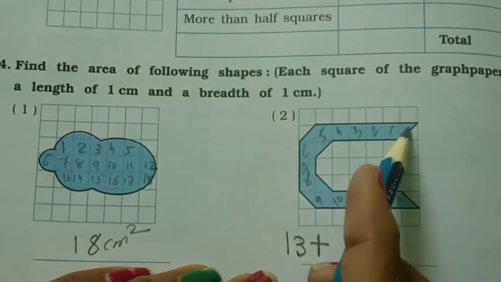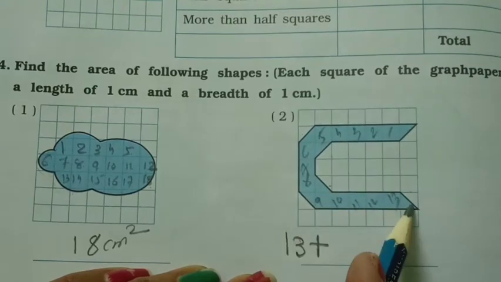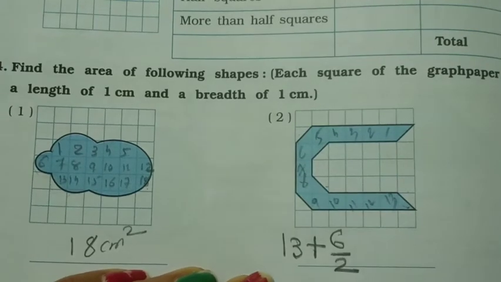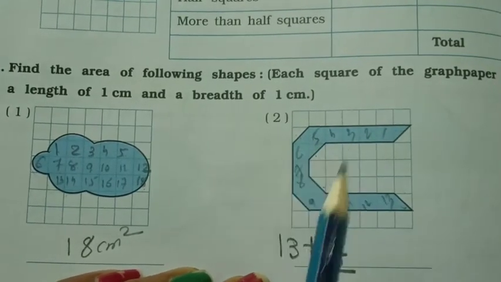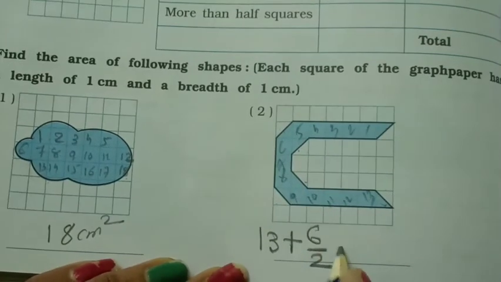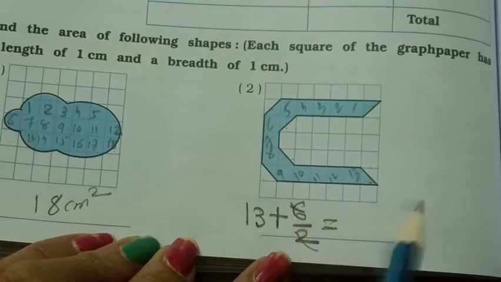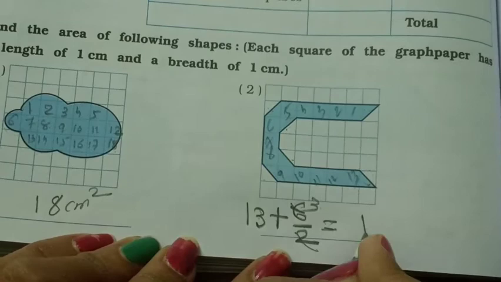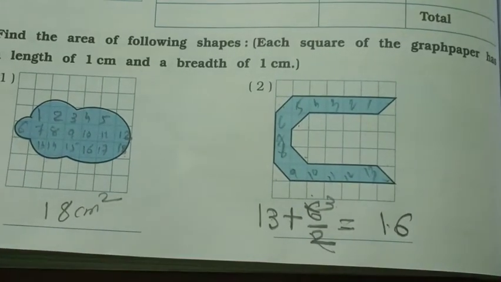Let's count 1, 2, 3, 4, 5 and 6. 6 divided by 2. Divide 6 by 2. 2 3s are 6. So 13 plus 3, 16. So the area of this figure is 16 square units.